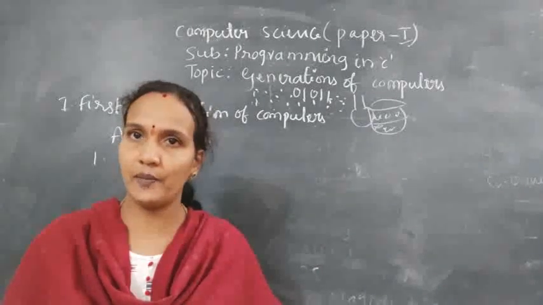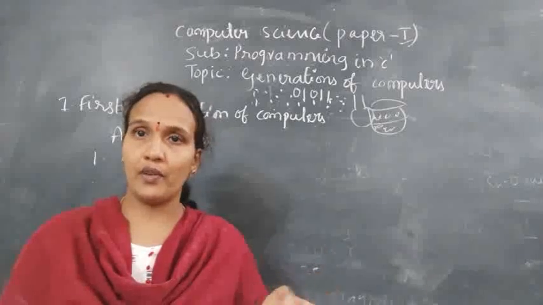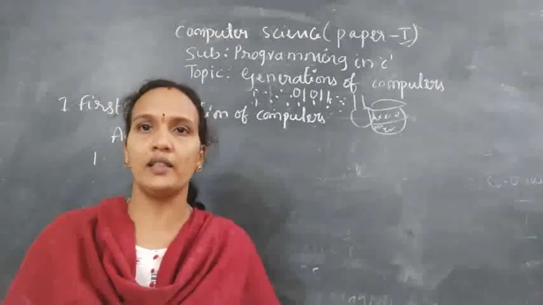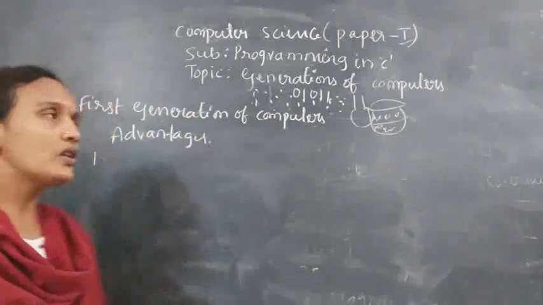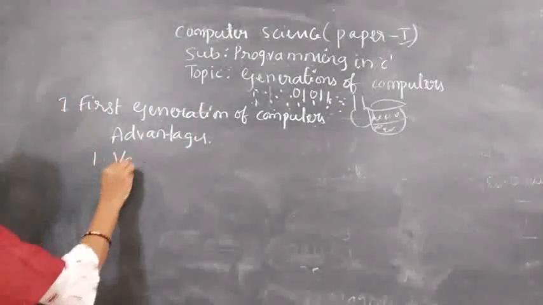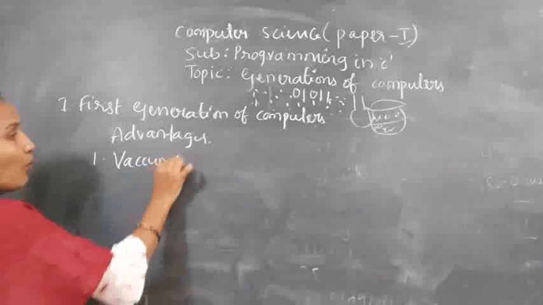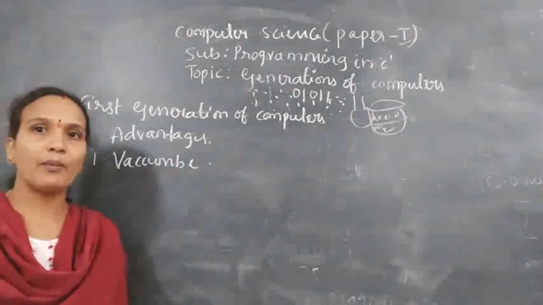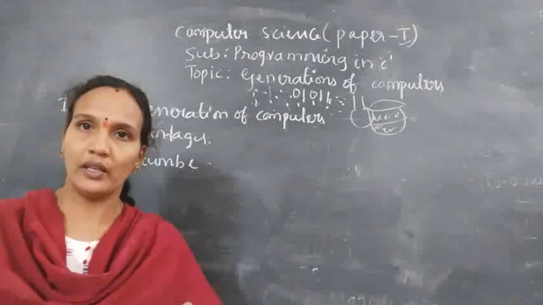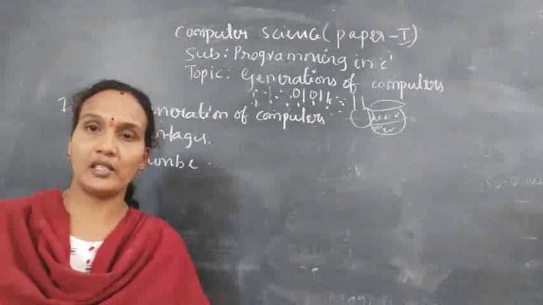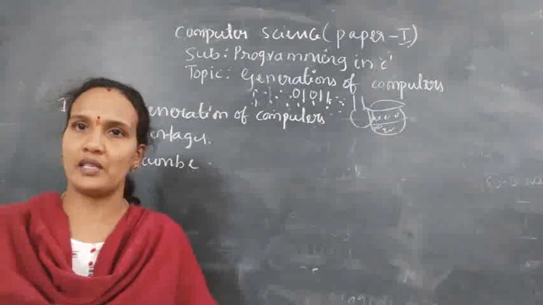As already explained, in those days vacuum tubes were the only available technology, so using the vacuum tube is one of the advantages, and using that only they designed the system. They used the vacuum tube as a technology.